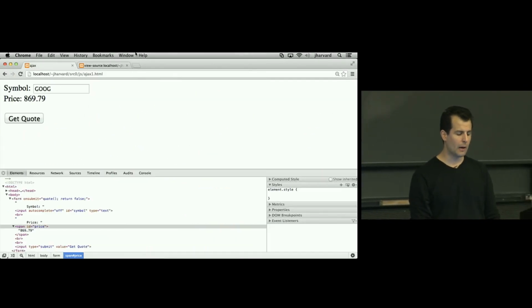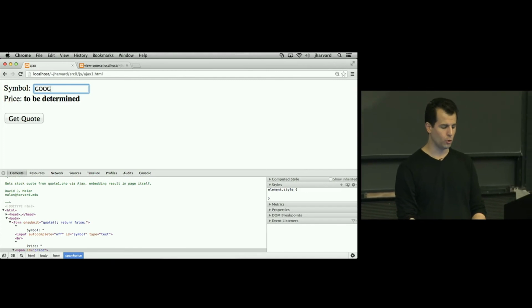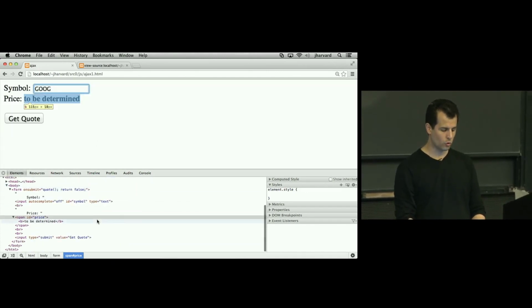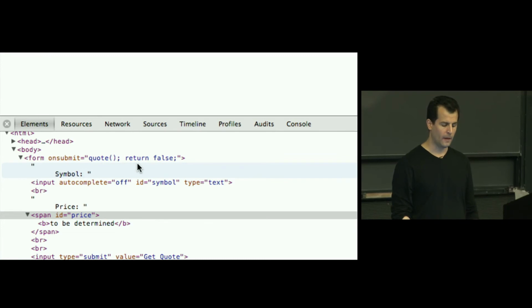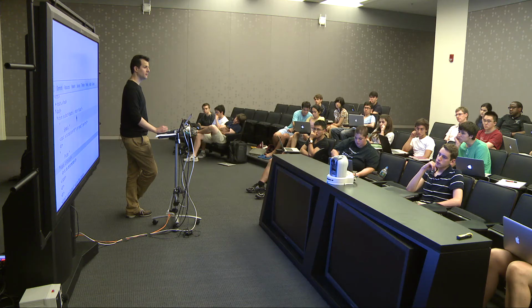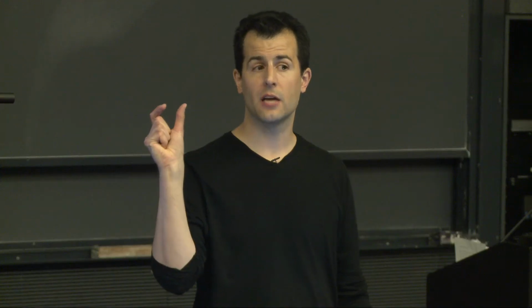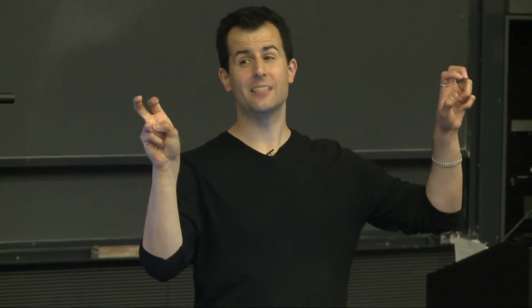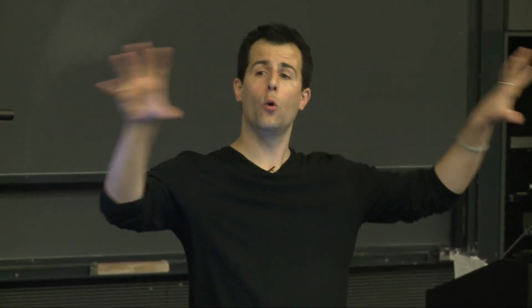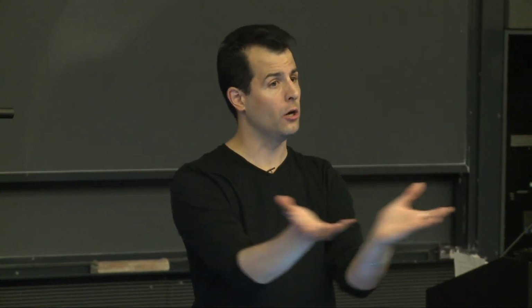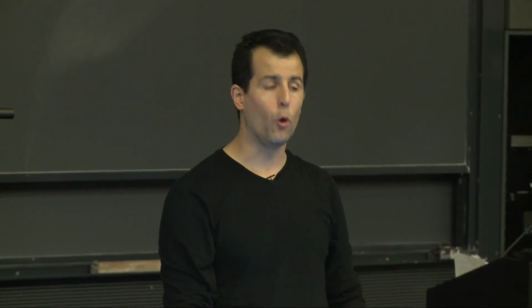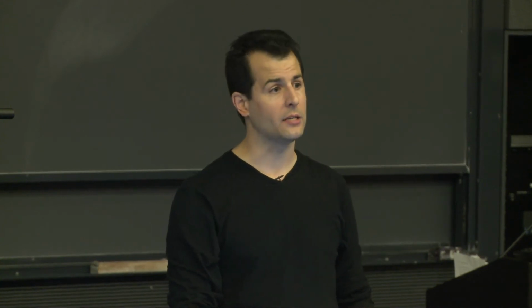So if we do it again to recap now with that context, and I pre-type in Goog, I don't hit enter yet, but I instead scroll down to where it says to be determined, is the span tag going to be replaced or the bold tag? Just the bold tag, because when I uniquely identify the span element by its ID, called price, and change its inner HTML, that won't blow away the span tag itself, just its inner HTML, which is apparently a bold-faced tag and a line of text to be determined.